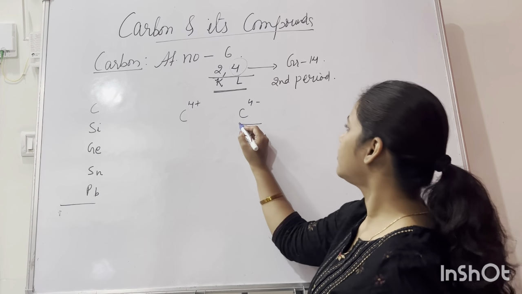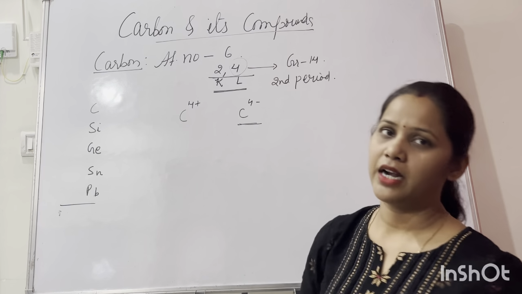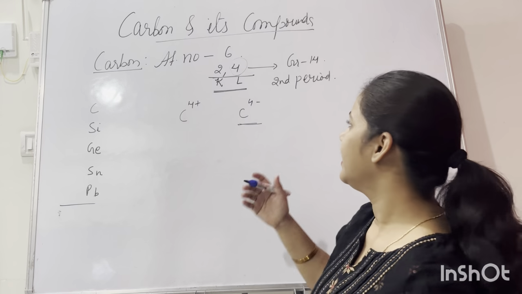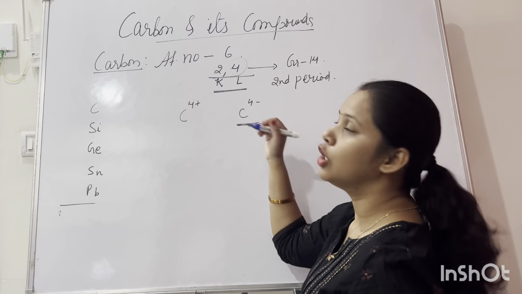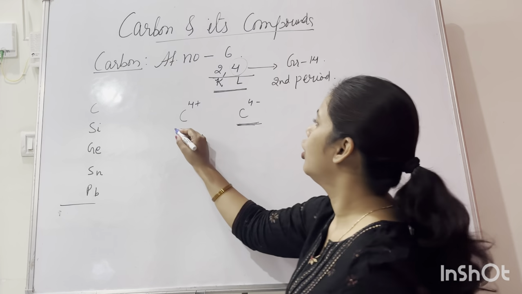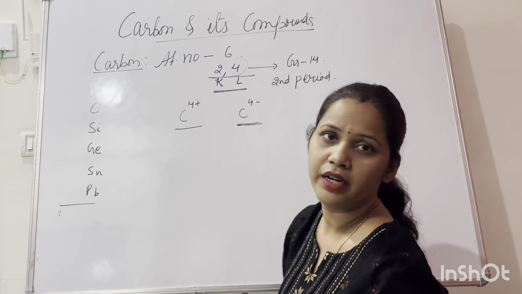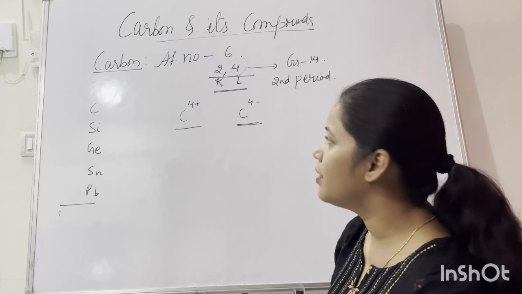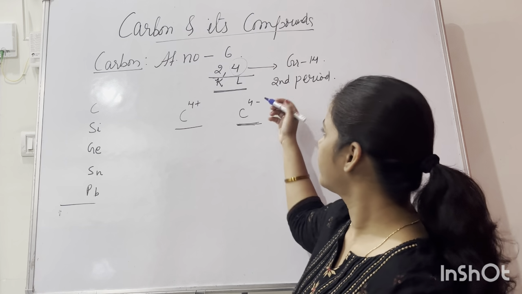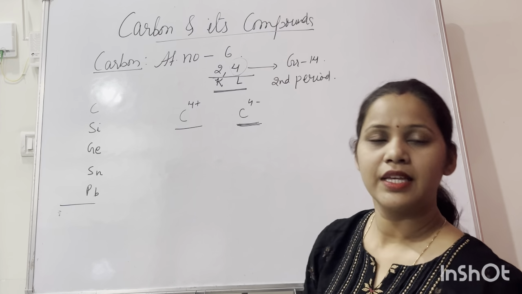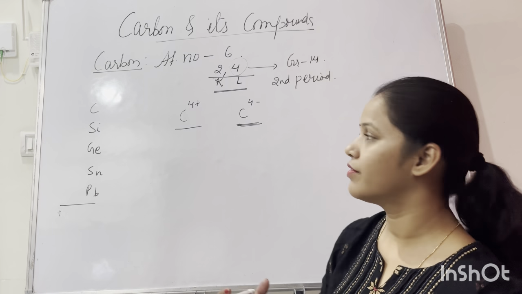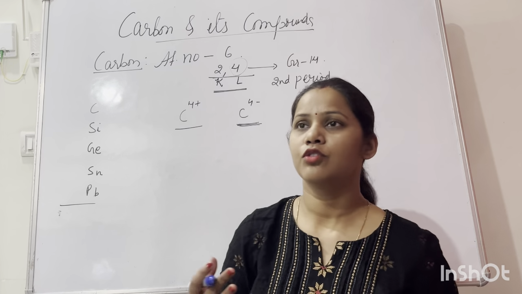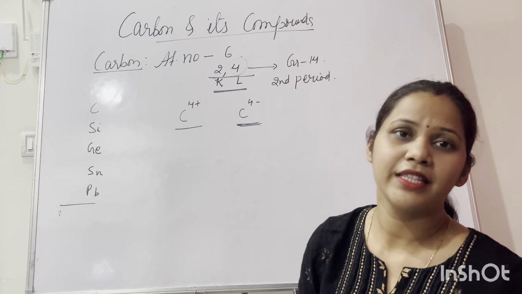But we know that the carbon atom is very small, so it cannot lose 4 electrons to form C4 plus. It is not possible for carbon to lose these 4 electrons. Similarly, gaining 4 electrons is also not possible because of the strong repulsive forces.